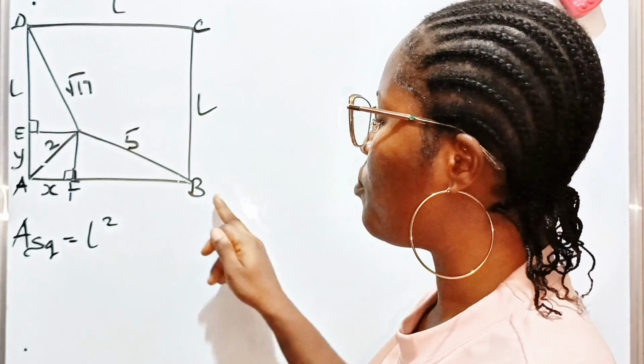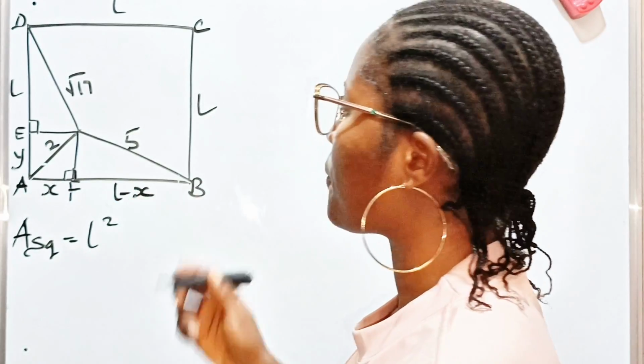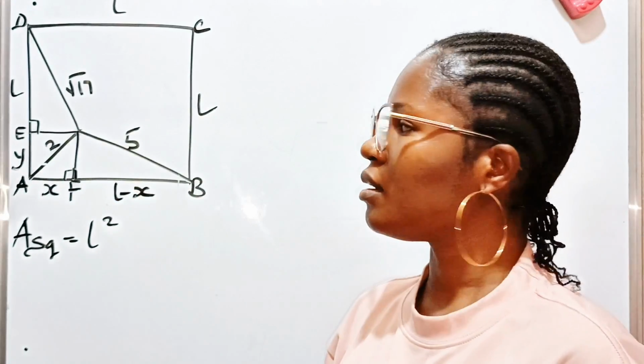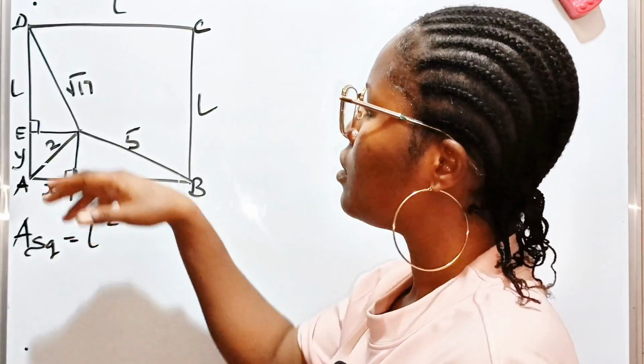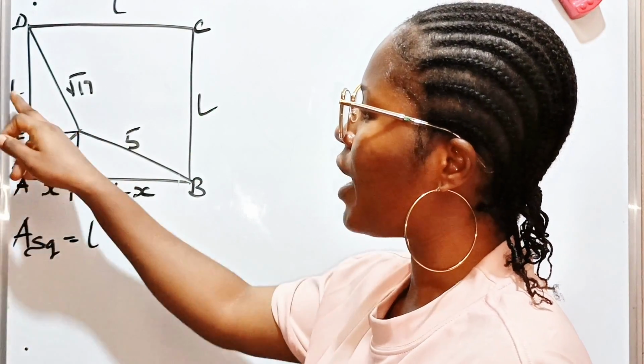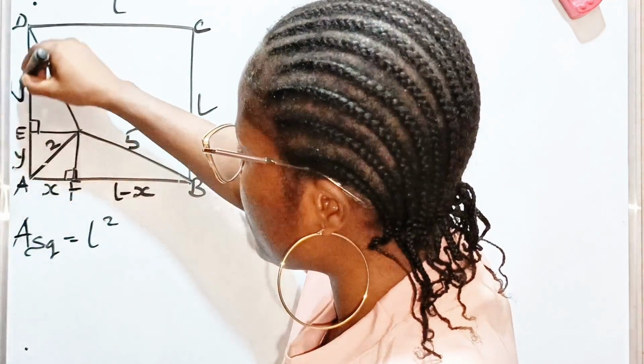So it means that FB is L minus X. So we have L minus X here. Similarly, if DA is equal to L, then DE should be L minus Y. So this DE is L minus Y.